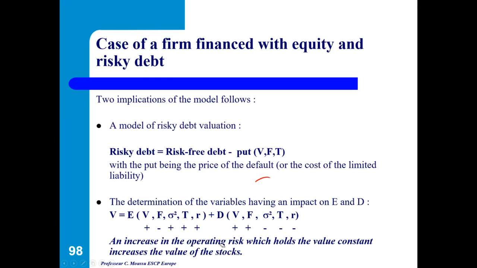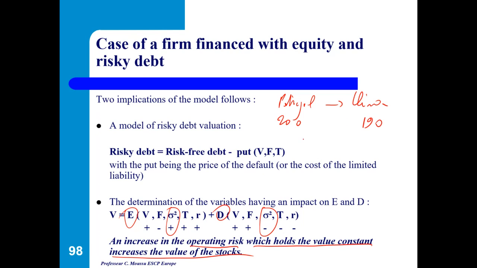The first case is that if you increase volatility, you increase the value of equity and you decrease the value of debt. An increase in the operating risk, which holds the value constant, increases the value of the stock. Think about the case of the company in Portugal going to China. Value went from 200 to 190, but the value of equity going to China was increasing.